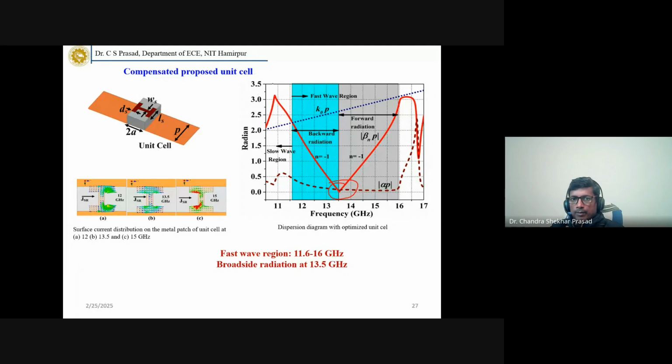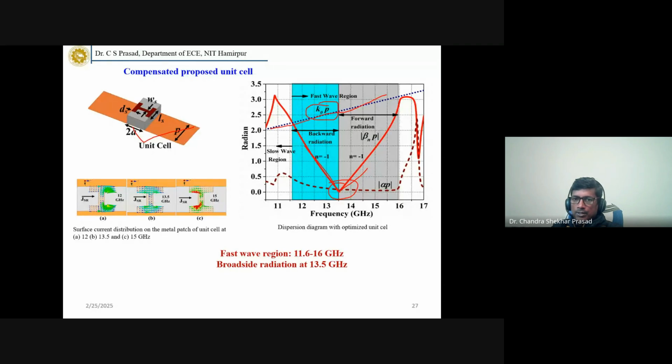So this is the optimized dispersion diagram of this unit cell. Here you can see beta is not zero now. It is coming down and going suddenly up, so this is the phase change here. This dotted line is basically the air line. Air line means the dispersion diagram of air.